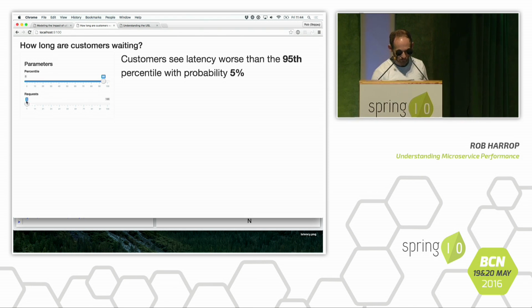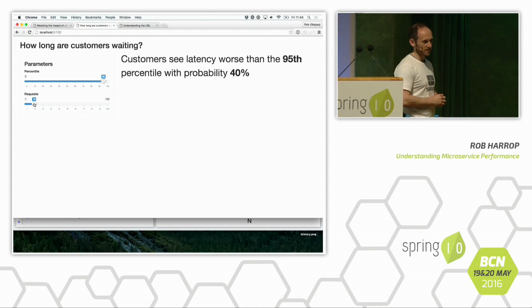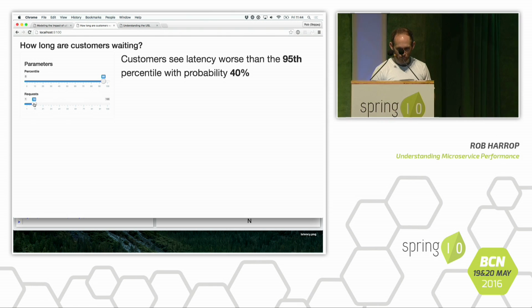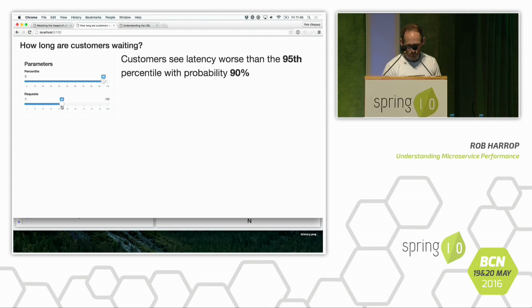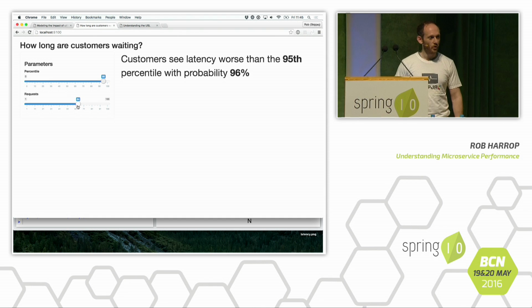But if we say, OK, let's make like 10 requests, then now it's up to 40%. So there's an almost even chance there. And obviously, as the number of requests increases, we saw 42, it gets to 88. And it doesn't take long until it gets close to 100%.